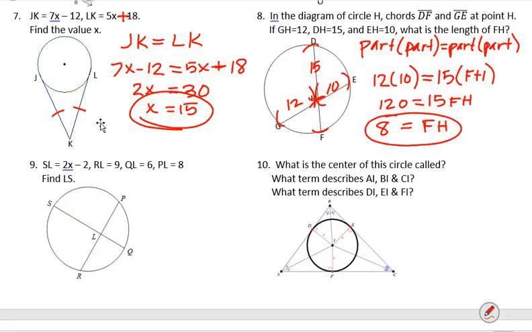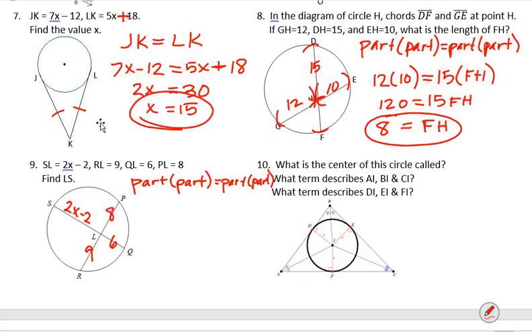All right, number 9. Again, this is the same property, so we've got part times part equals part times part. So once again, I'm going to label these: SL is 2x minus 2, RL is 9, QL is 6, and PL is 8.